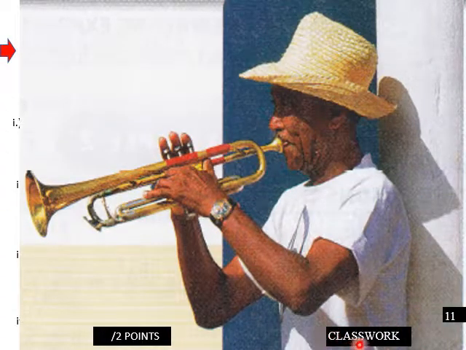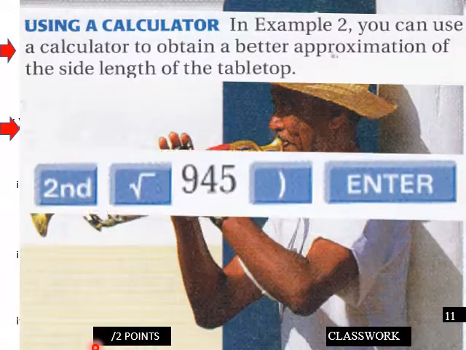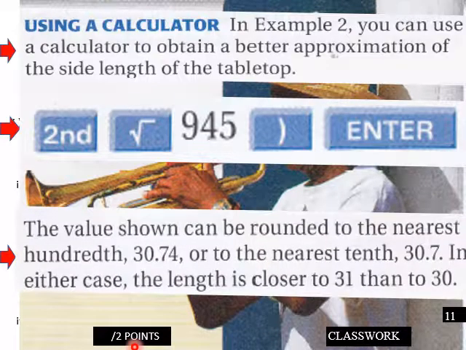Classwork sheet, page 11. Using a calculator for example 2. You can use a calculator, and this would be your calculator entry to find the square root of 945. The value shown can be rounded to the nearest hundredth, 30.74, or 30.7.